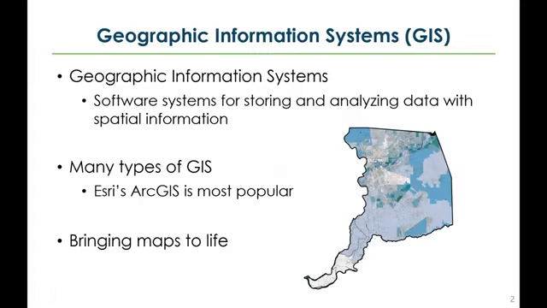So Geographic Information Systems, or GIS, are an increasingly popular software platform for all sorts of applications across society. They're very valuable for utility management for a number of applications. But in their basic definition, you can think of GIS as software systems for storing and analyzing data that has spatial information.